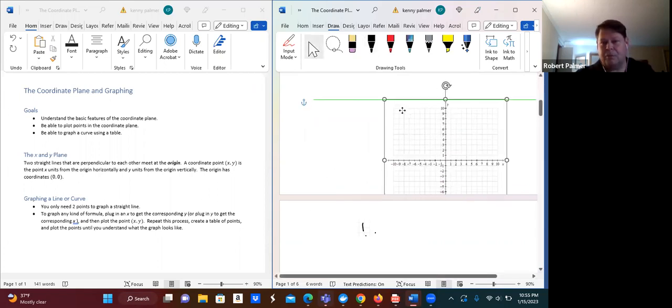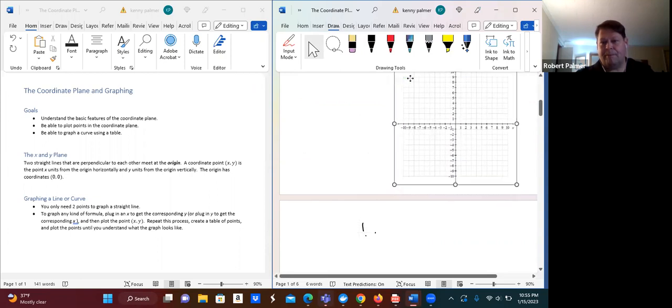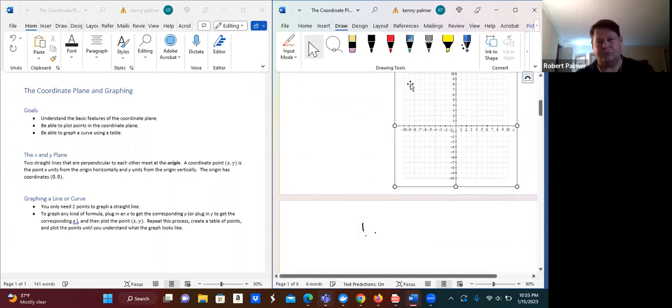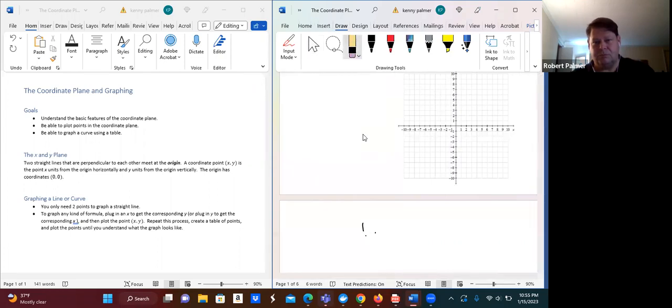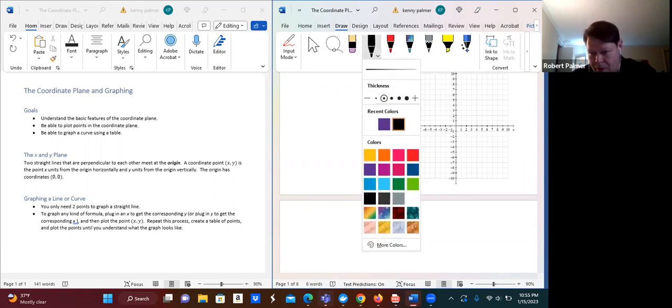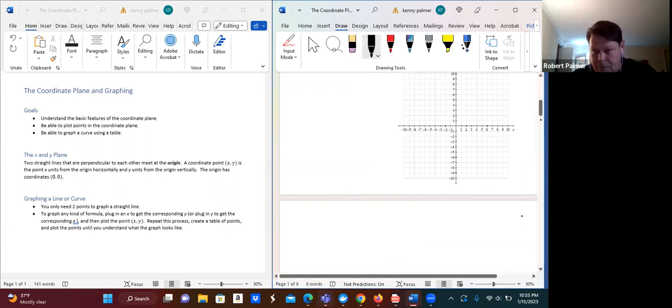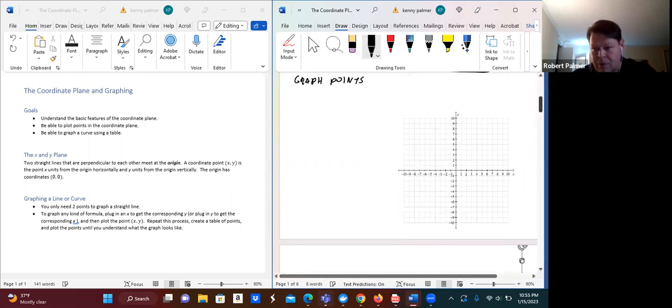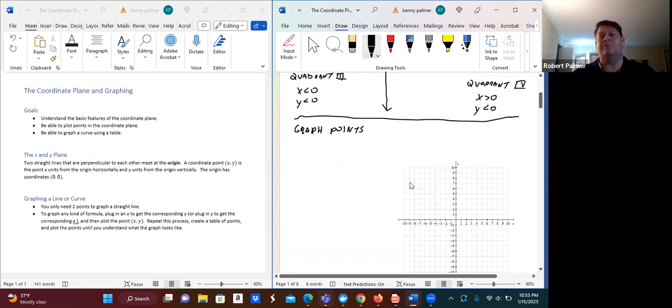There we go. Okay. So let's graph a few points, just make up a few points. Now this axis is somewhat small, but you can always enlarge it later. So let's say point number one.